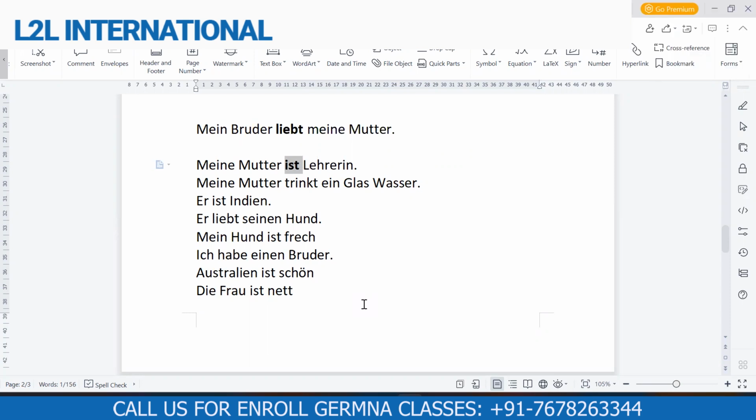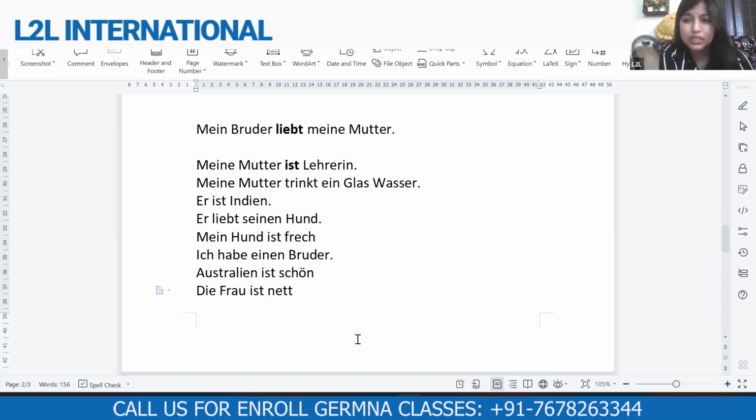Ich bin. We did two auxiliary verbs, haben and sein, if you remember. Does sein also mean his? Sein also means his, H-I-S. Okay, ein Moment.